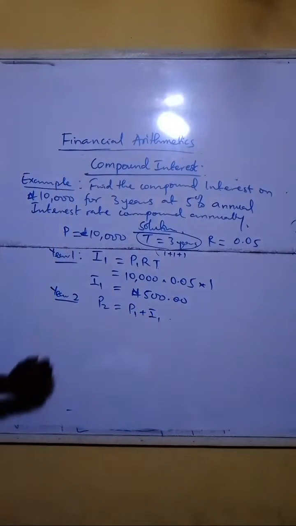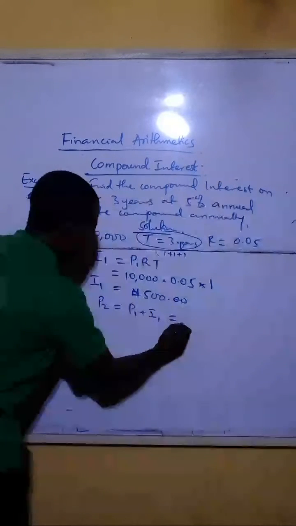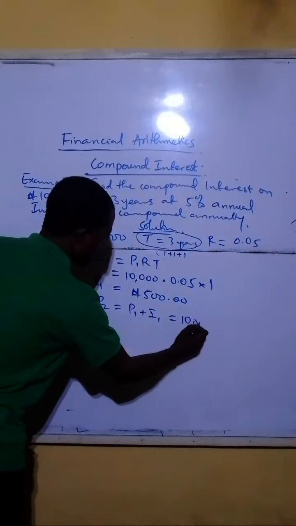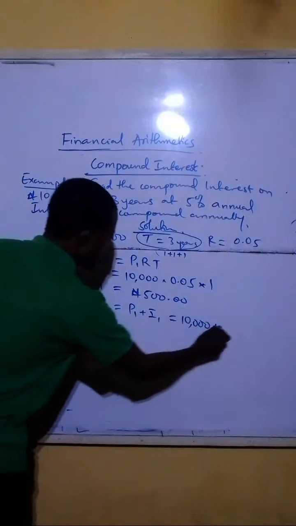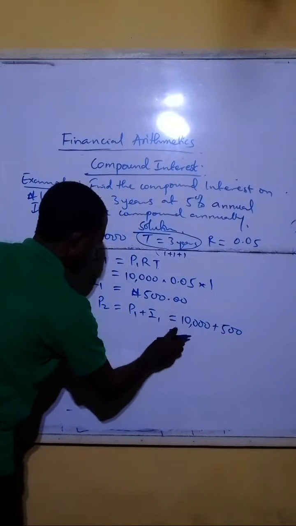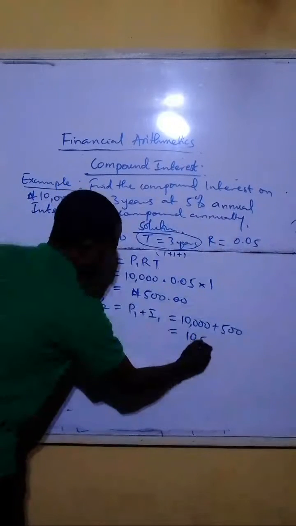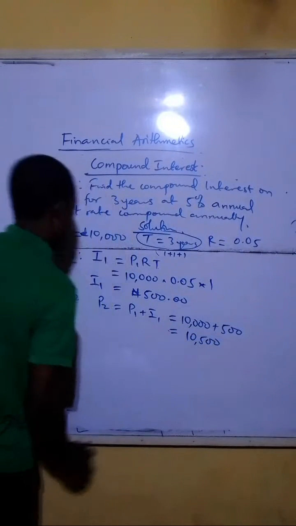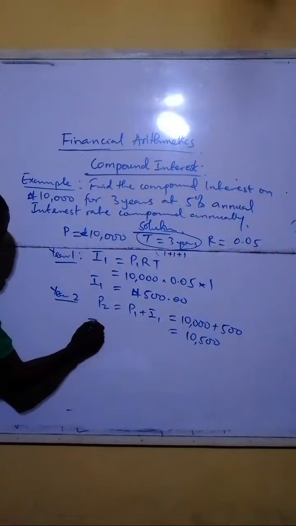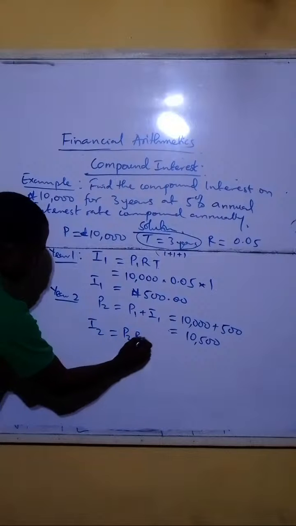We had the principal for year 1, which is 10,000 naira, plus the interest, that's 500 naira. It implies that P2 is now equal to 10,500 naira. That means I2, the interest for year 2, will now be P2RT.